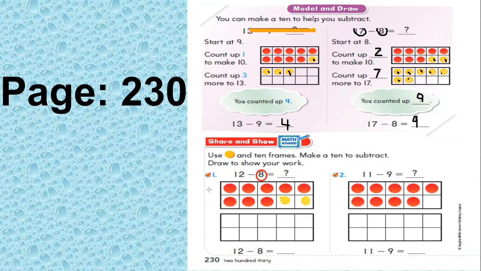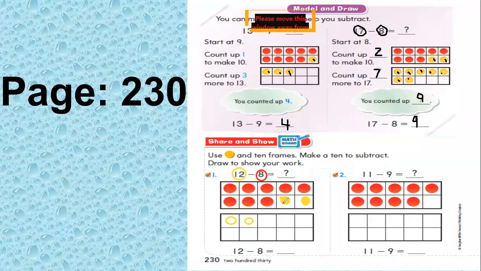So now the 10 frame is full. Now, how many more do I have to add? That is 12. Look at the number here. 12. So 2 more. 1, 2. Now let's count all the yellow color counters. How many more did we add? 1, 2, 3, 4. So that will be our answer. 12 minus 8 equals 4.